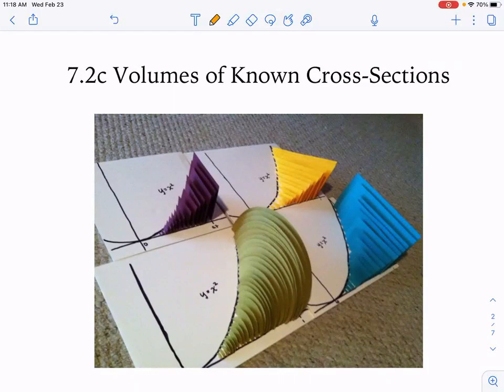Any prism. Area of the base times the height. Well, if we're cutting these into slices that are super duper thin, then the height is going to be considered the dx or the dy.